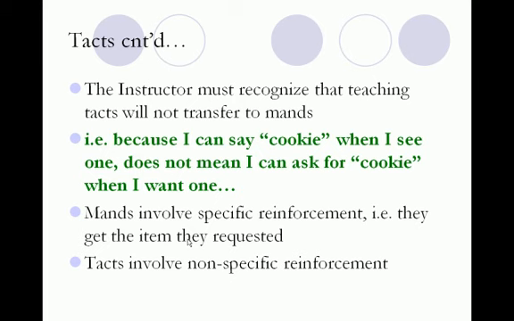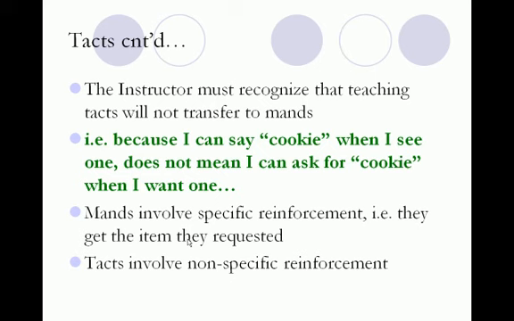What they found is that just because you can say the word cookie when you see one does not mean they can ask for cookie when they want one. And unfortunately, some of the early autism programs, and I certainly was one of them, we were teaching children to label a host of different types of stimuli, yet these kids also weren't able to then ask for those stimuli. It was a separate response.